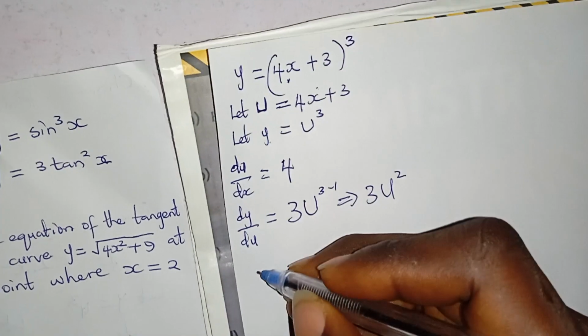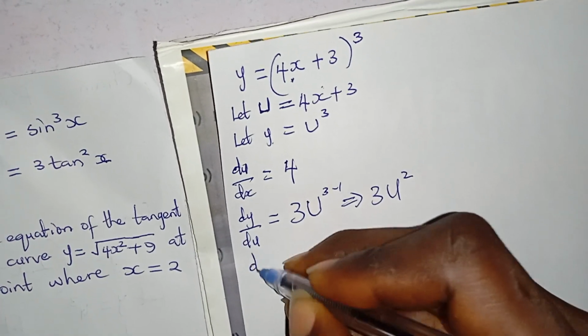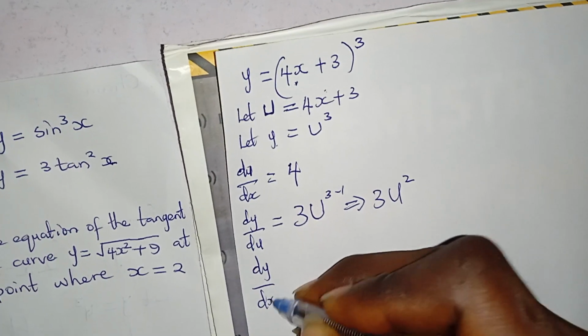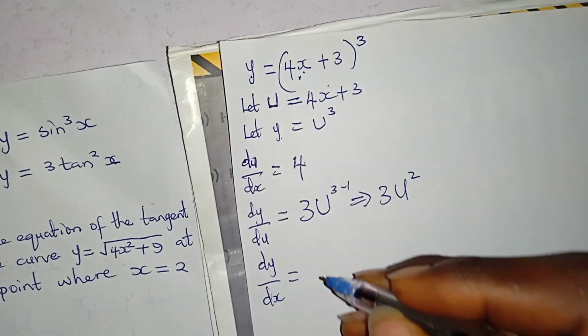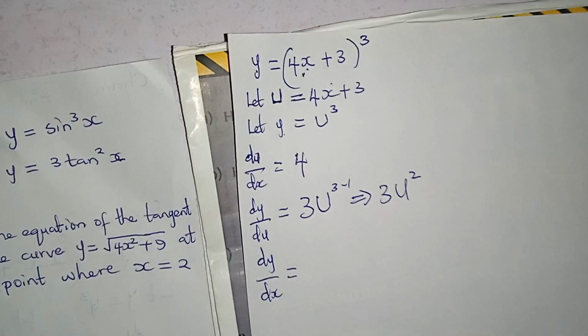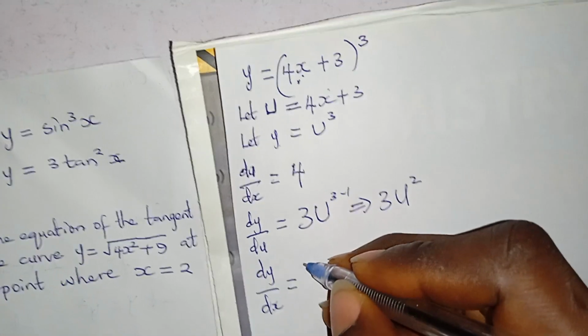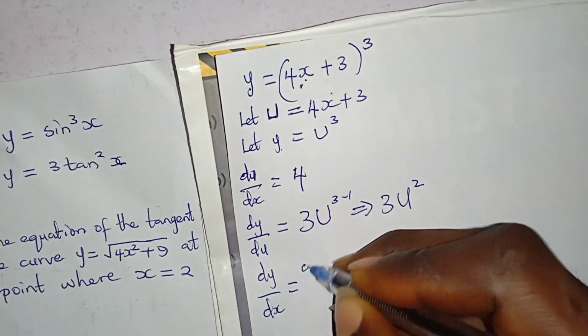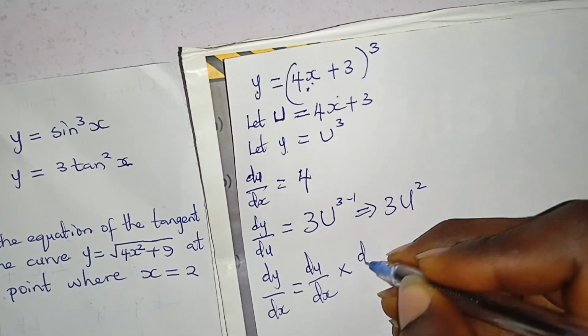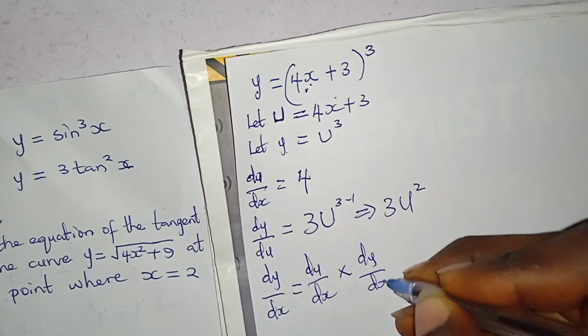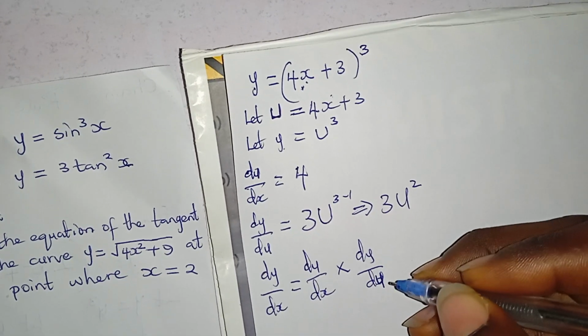Now the formula says that dy/dx is going to be what I have for du/dx times what I have for dy/du.